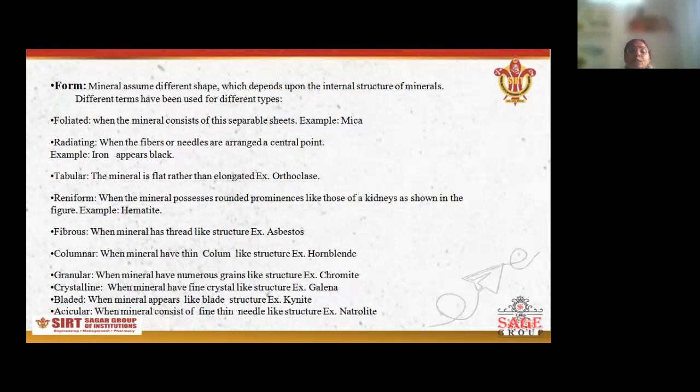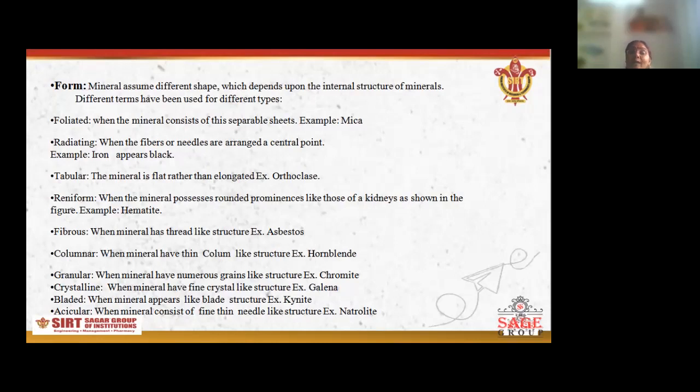Radiating: radiating means the light is radiating from a center in different directions. When fibers or needles are arranged around a central point, that is known as radiating form. Iron mostly appears in this.